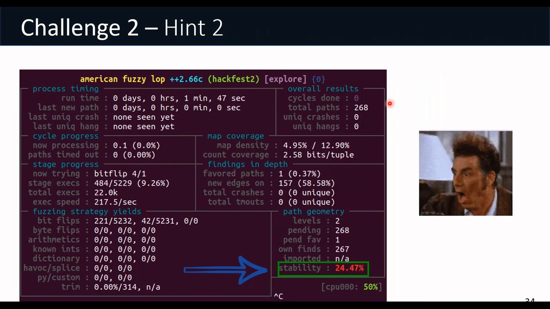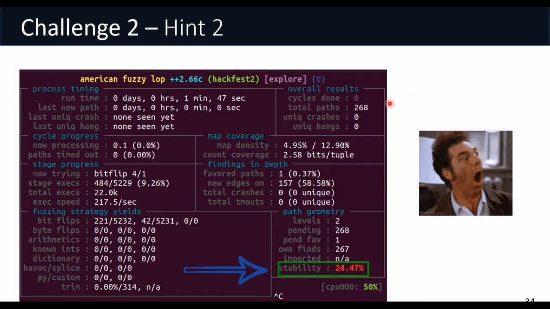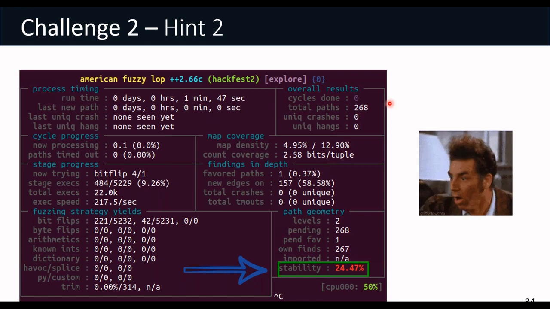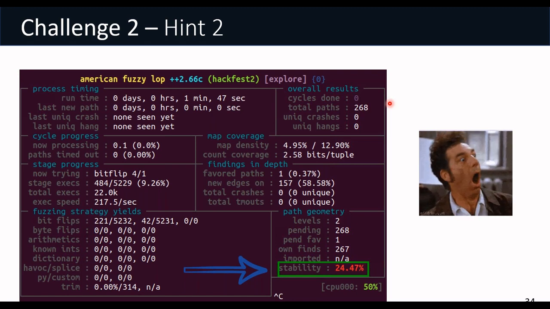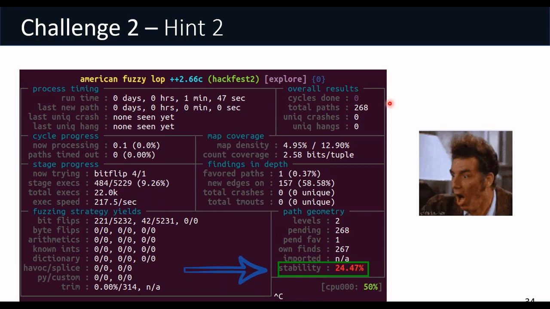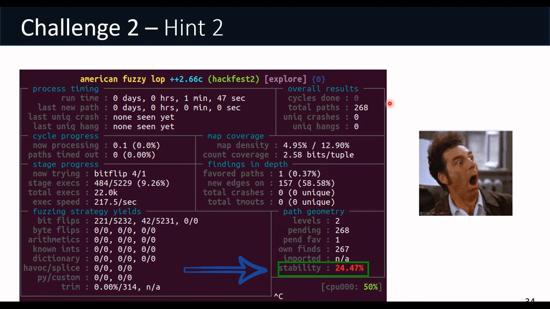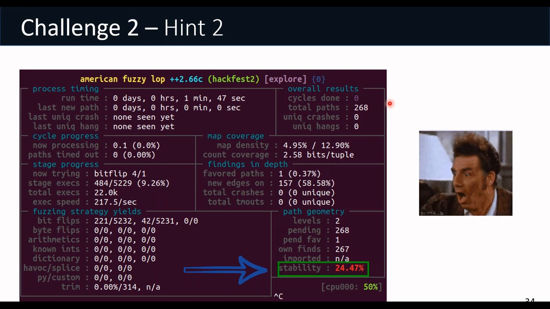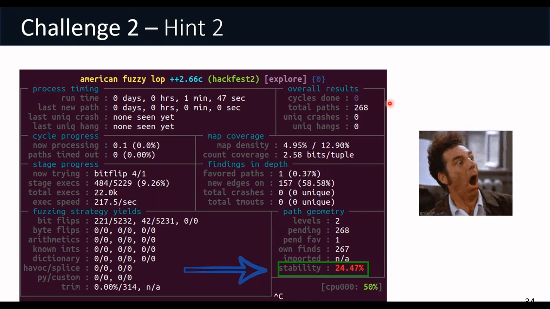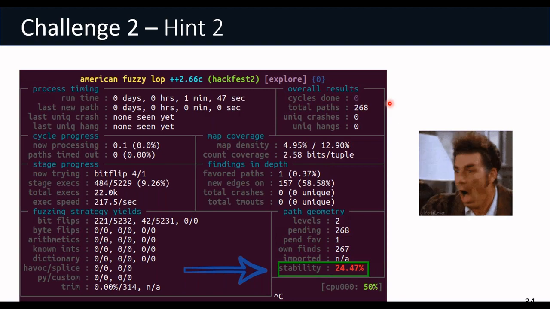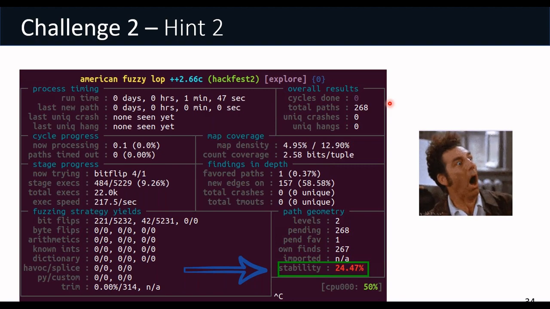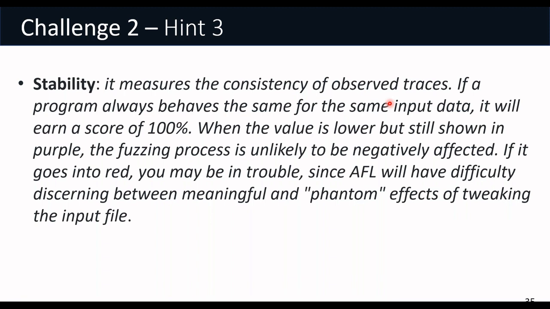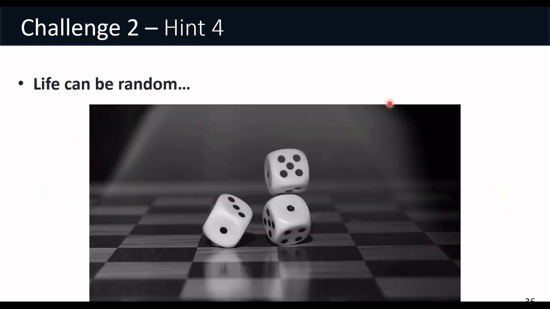So after that, if you start fuzzing using AFL, you are going to observe that stability is really low. In my case, stability was something like 24%. For fuzzing in a proper way, we need a stability over 90%. So what was my suggestion? My suggestion was that you need to look for randomness.